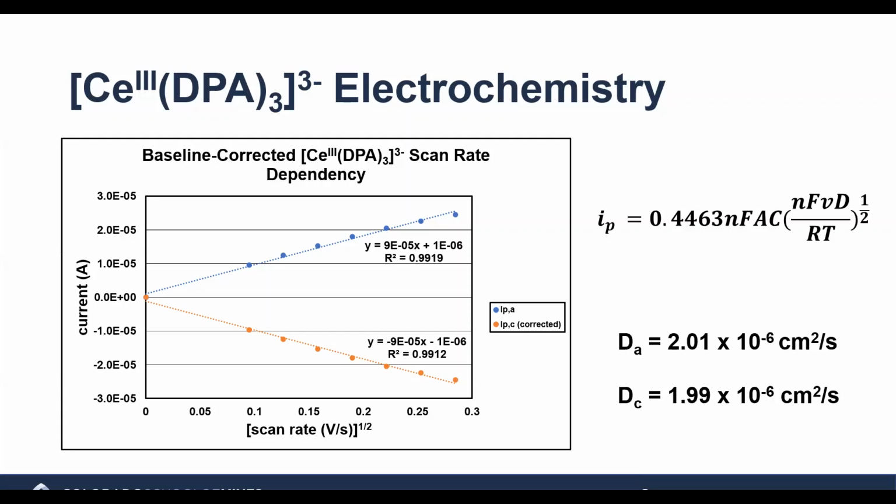The diffusion coefficients that I derived from the anodic and cathodic peak currents are nearly identical, which is a further indication of the fully reversible and Nernstian behavior of this system.